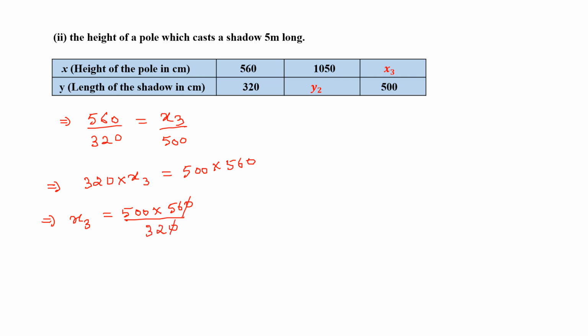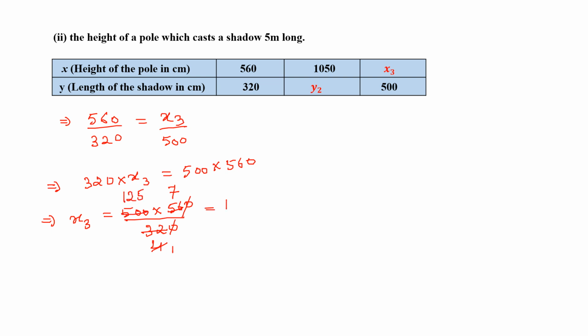So 0 and 0 I can cancel. Now again I can take the 8 table. 8 times 4 is 32, 8 times 7, and now I will simplify 500 with 4, so 4 times 1, and 4 times 125 is 500.